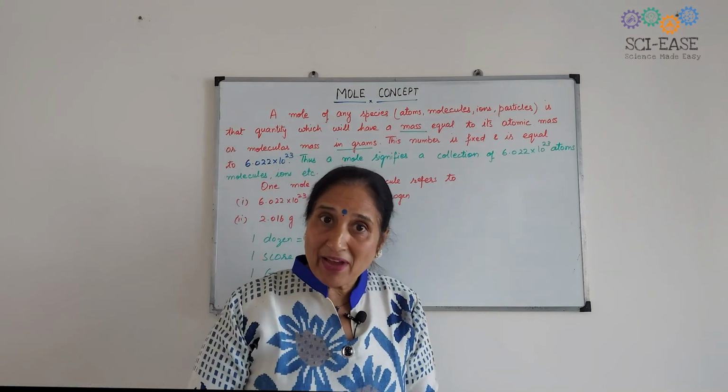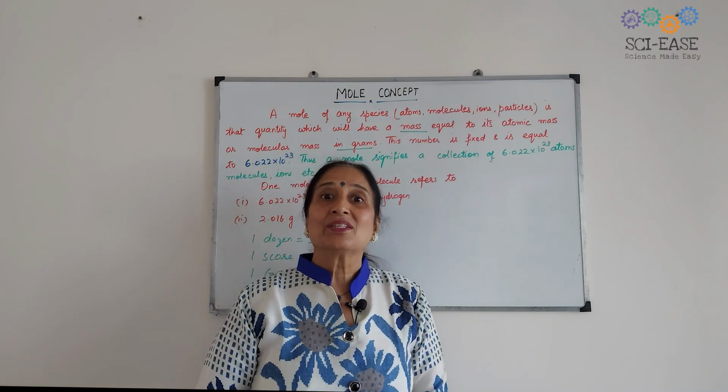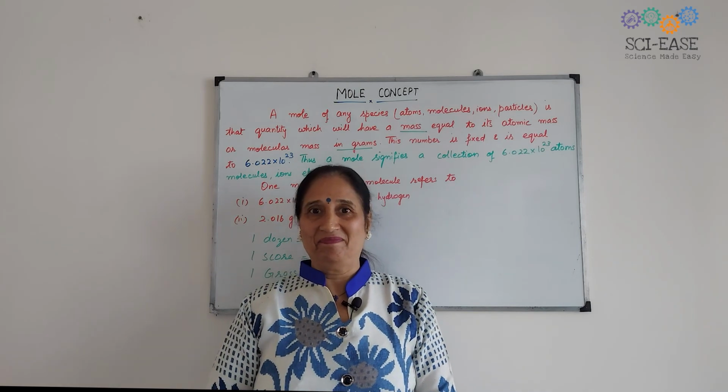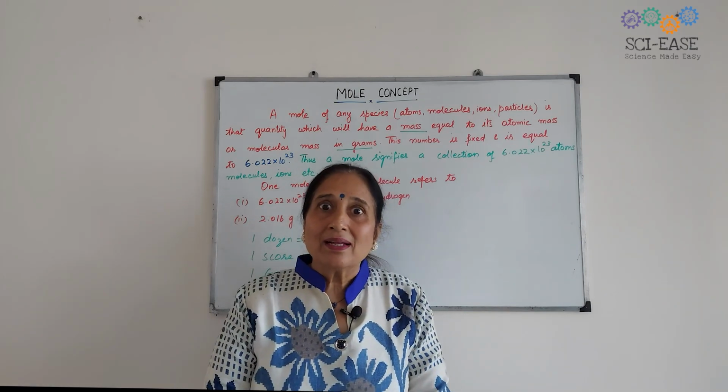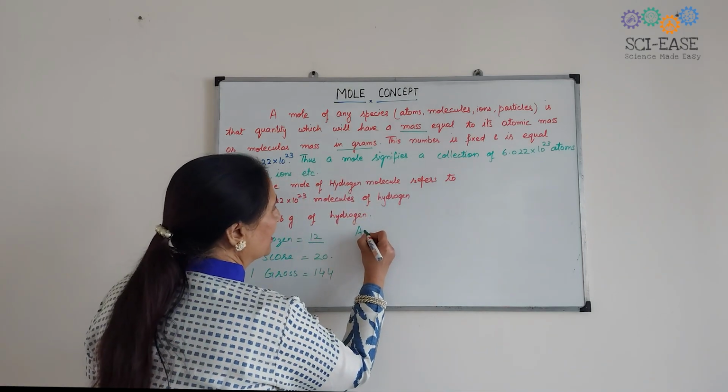And this number is fixed, which is equal to 6.022 into 10 to the power 23. And what is this? This number is known as Avogadro number.